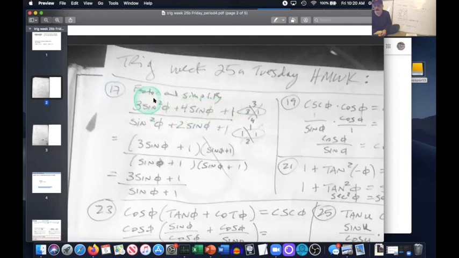The A would be 3, the B would be 4, the C would be 1 on top. Here the A would be 1, the B would be 2, the C would be 1. So just factoring it like a trinomial. And what happens is we're able to simplify one of the factors on top and bottom, and we get something a lot simpler to deal with.